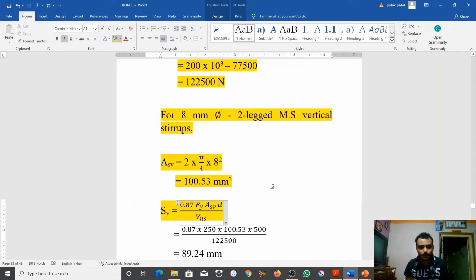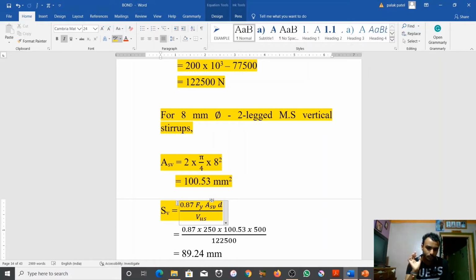Spacing is equal to 0.87 fy Asv d upon Vus. 0.87 is here, fy is 250, the steel grade used for the stirrups, Fe 250.